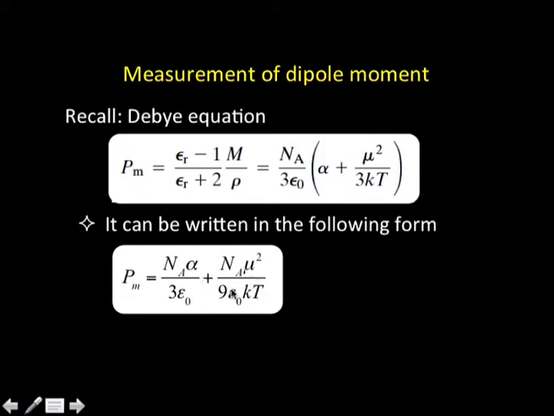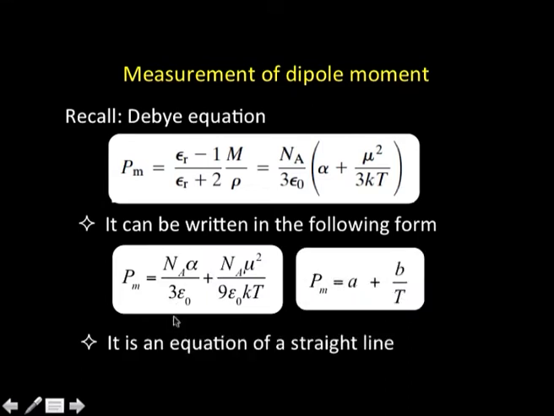If you see it closely, this expression can be expressed in terms of the equation of a straight line, that is Pm equal to A plus B by T, because all of these are constants for a given material, and everything else other than the T happens to be constant.